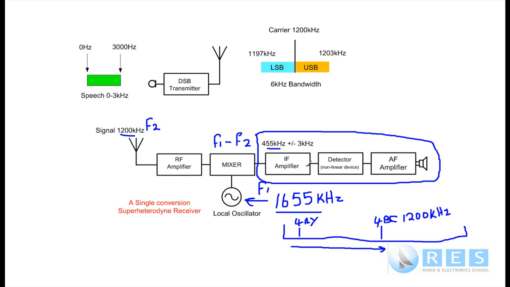From then on, this is a stock standard receiver: the first IF amp on 455, the detector, which is just a nonlinear device. It could be just a diode, which is a nonlinear device. This stage could be just a simple diode and an audio frequency amplifier to drive the loudspeaker. That's a single conversion superheterodyne receiver.